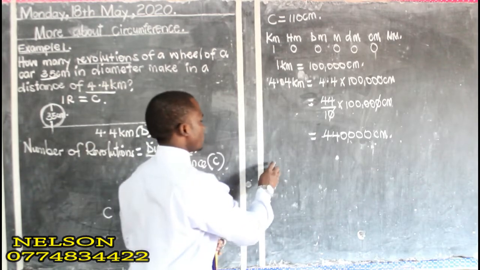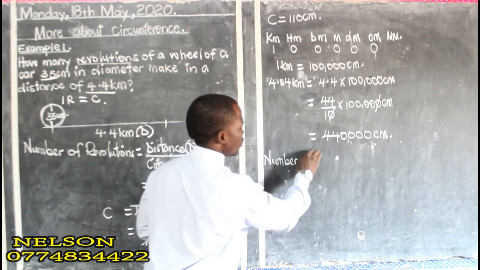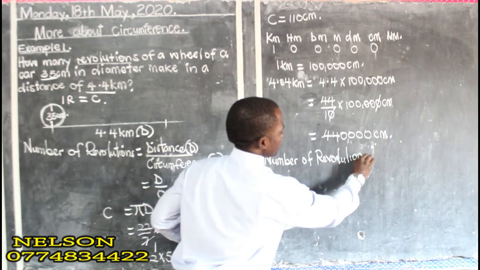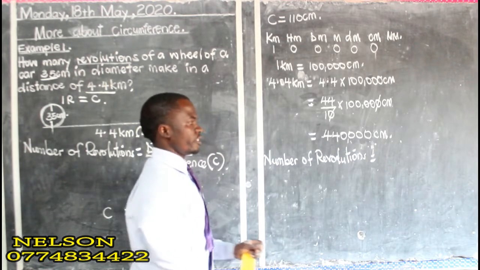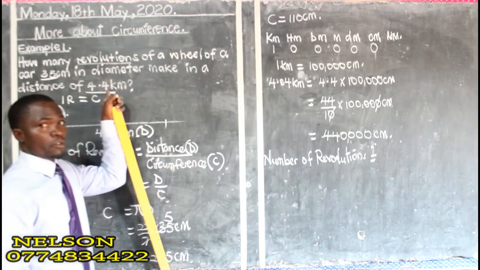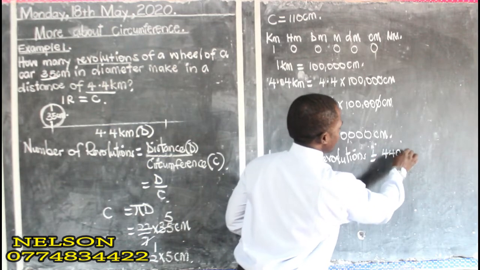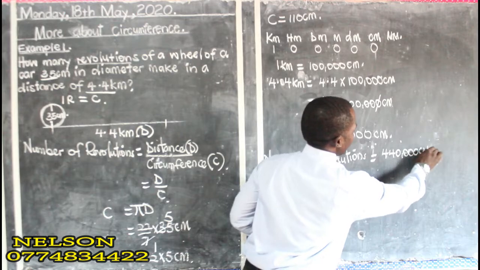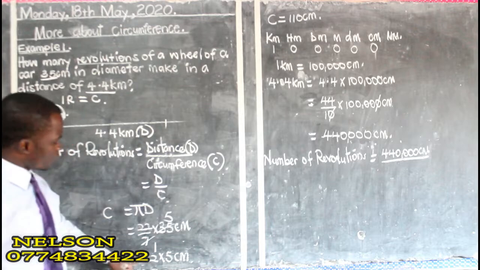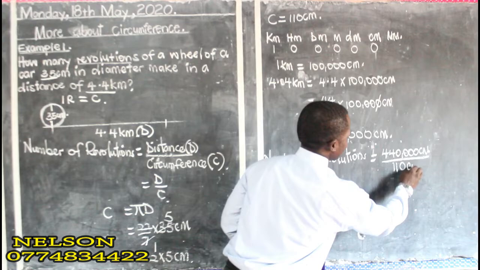So you will come down now and find your number of revolutions by saying number of revolutions equals, what's the distance? The distance was 4.4 kilometers, but remember we changed them into centimeters, and we have 440 centimeters out of the circumference, and we got our circumference as 110 centimeters.